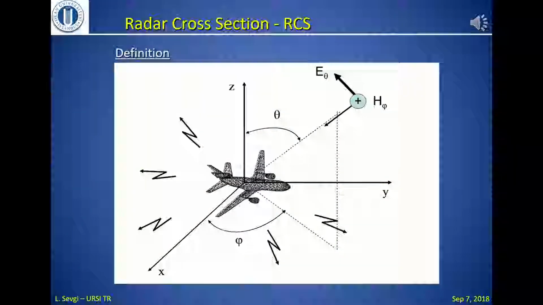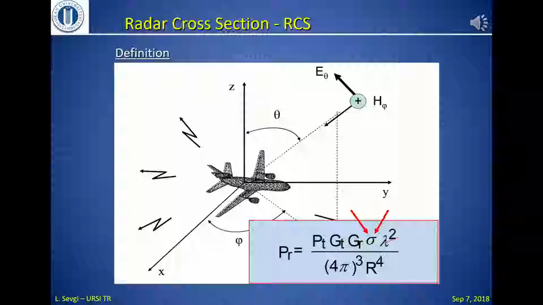RCS, radar cross-section, is a parameter which defines electromagnetic scattering of an object. In the simple radar equation, sigma in square meters represents the RCS.